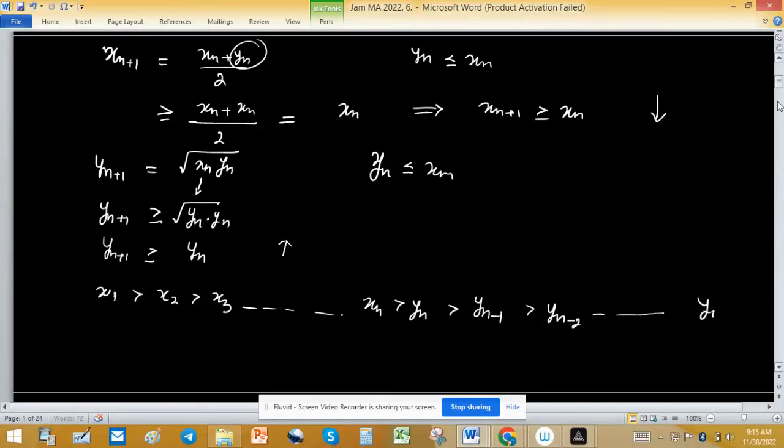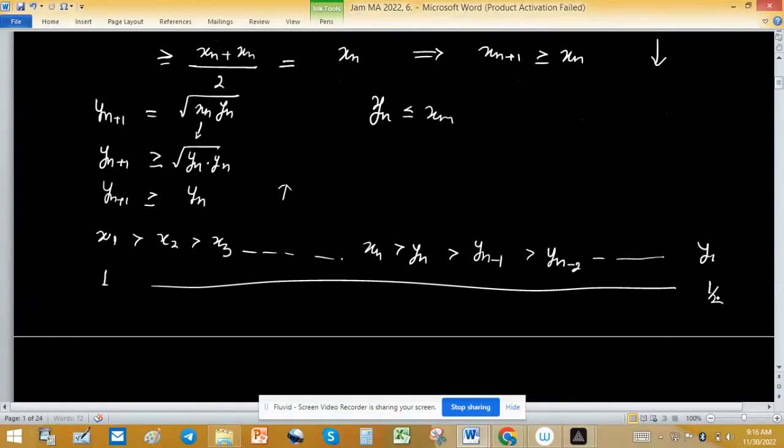xn and yn have some point. x1 is 1 and y1 is half. So the other terms of x and y are both between 1 and half. It means xn is bounded as well as yn is bounded, plus xn is monotonic and yn is also monotonic.